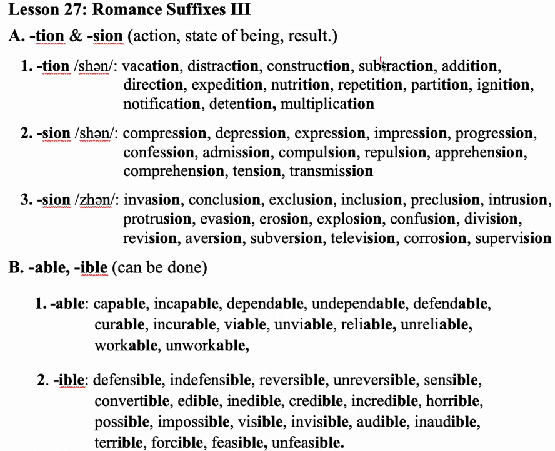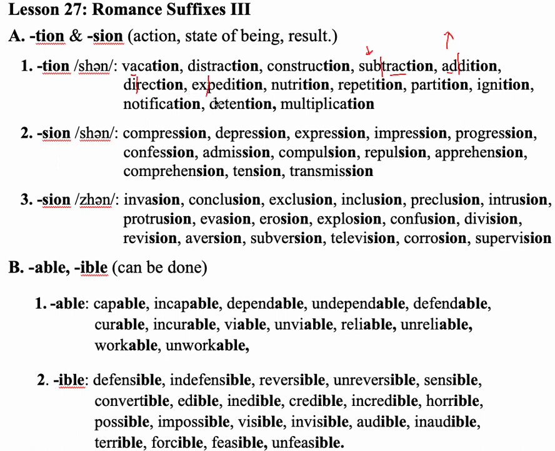Then we have subtraction, and tract means to pull, which we'll study, and sub means under. So subtraction is to take the number, make it smaller, and addition, add meaning to, addition means to make it bigger. Next we have direction, the i in an open syllable is long. What direction are you going?